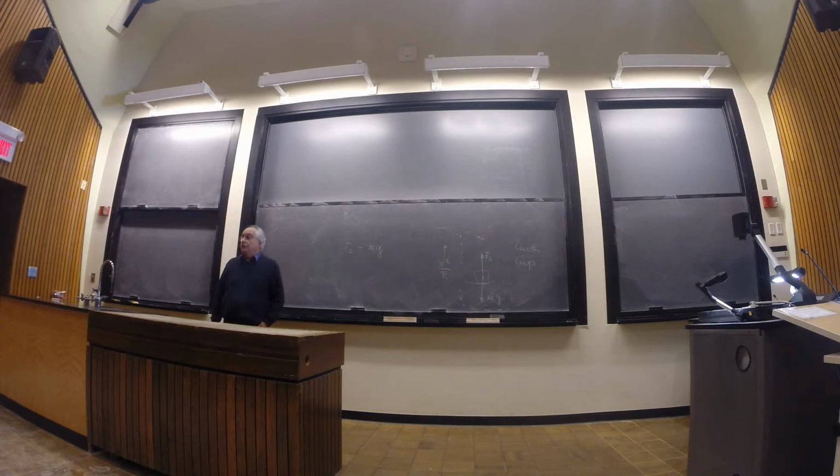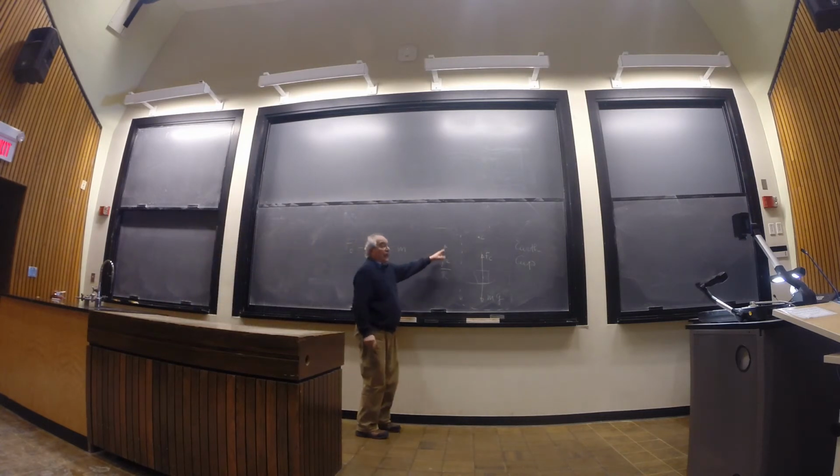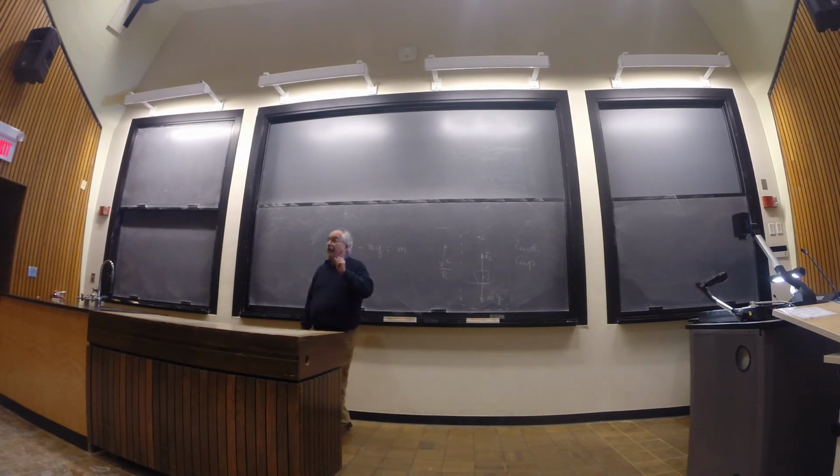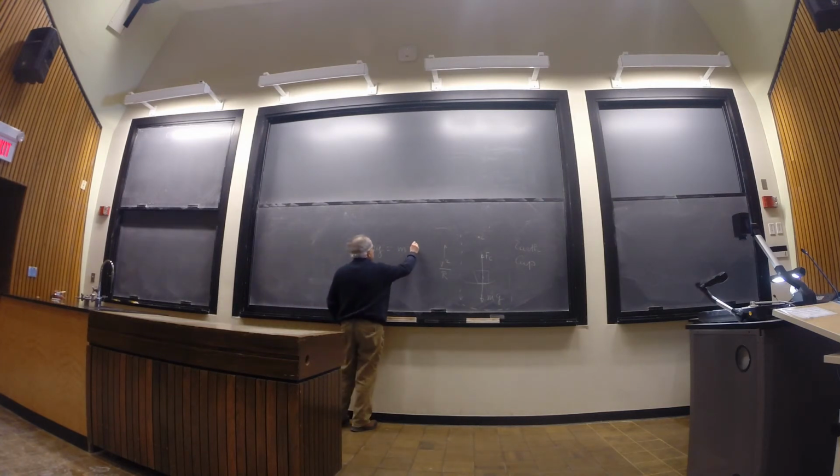That's the net force. And I need to set that equal to mass times acceleration. Here's the mass. Now, that's why I drew the arrow up. I drew the arrow up to remind myself that it's positive. It's up. Times v squared over r.